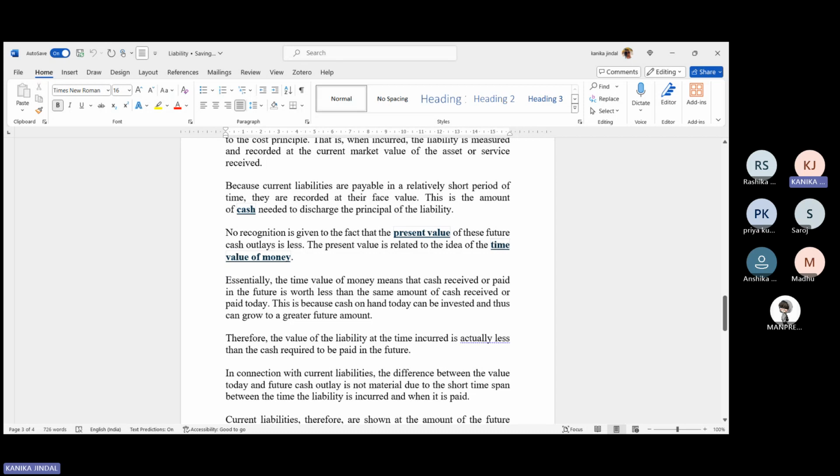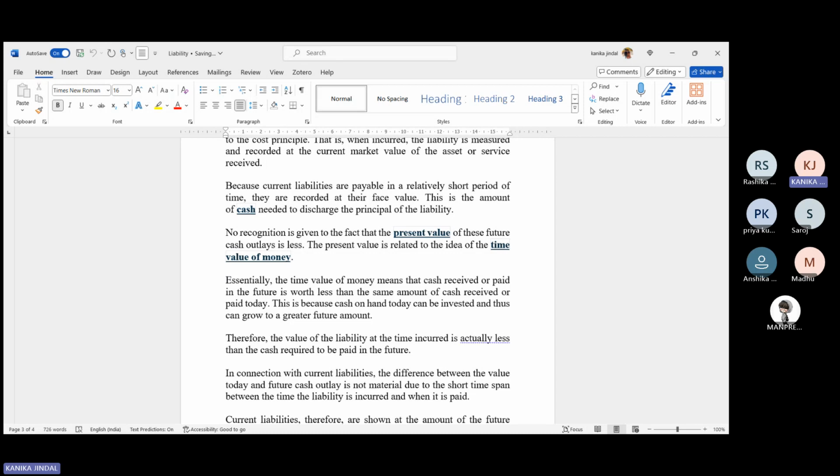Essentially, the time value of money means that cash received or paid in the future is worth less than the same amount of cash received or paid today. So I hope you all have studied the time value of money. What does it say? It says that cash received or paid in the future has less value than the same amount of cash received or paid today.